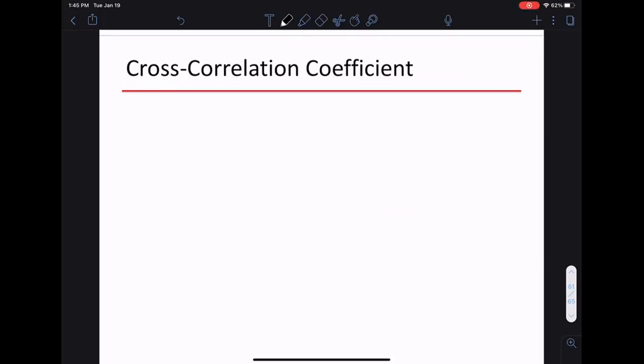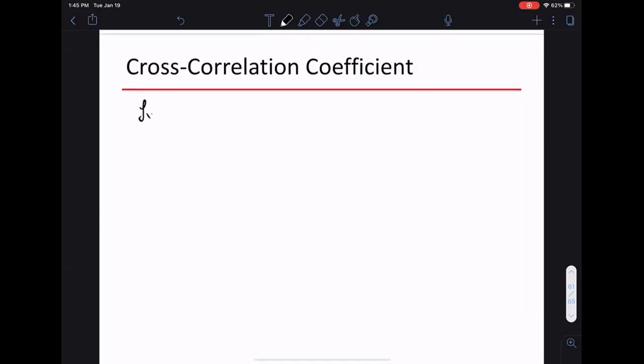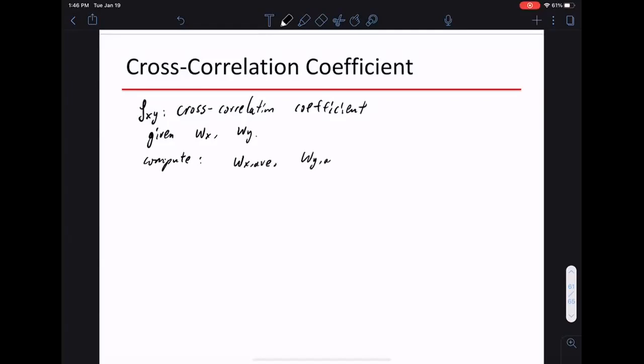Let's compute the following. To get to this coefficient, which is written as rho of xy, the cross correlation coefficient, we need to compute the following things. Given Wx and Wy, we need to compute Wx average and Wy average.